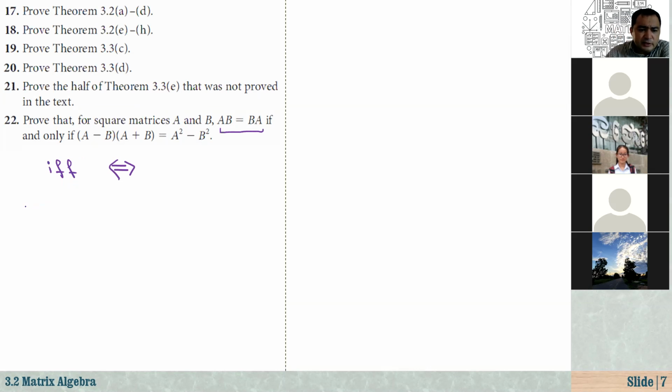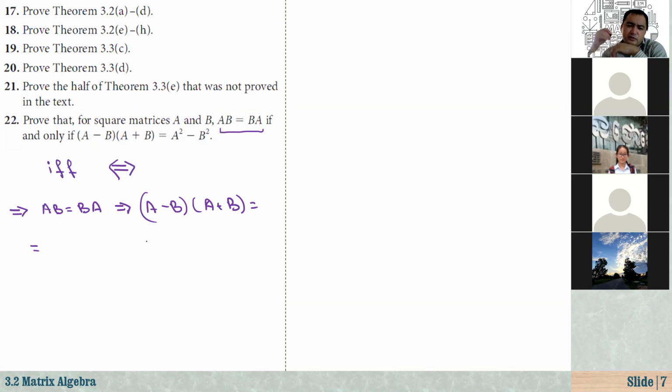What does it mean? Here, this implication means that if AB is equal to BA, then we have to show that that is true, okay? So how are we going to show that it's true? Since I know that AB equals BA, then (A minus B) times (A plus B) is equal to, multiplying from the left-hand side.